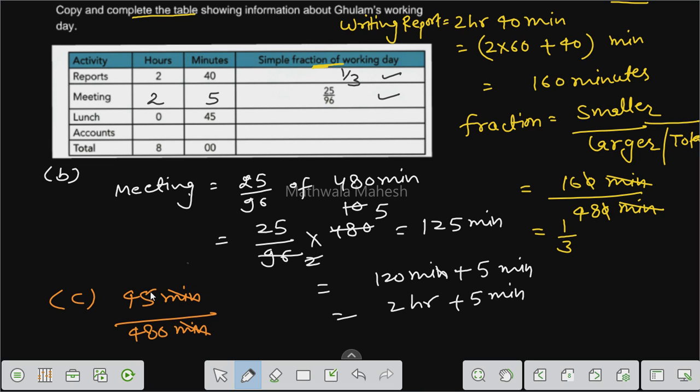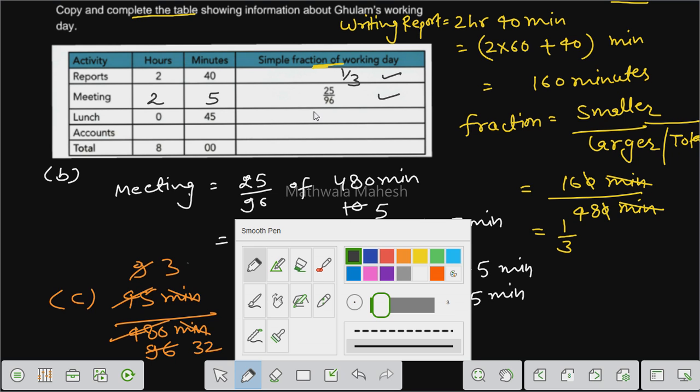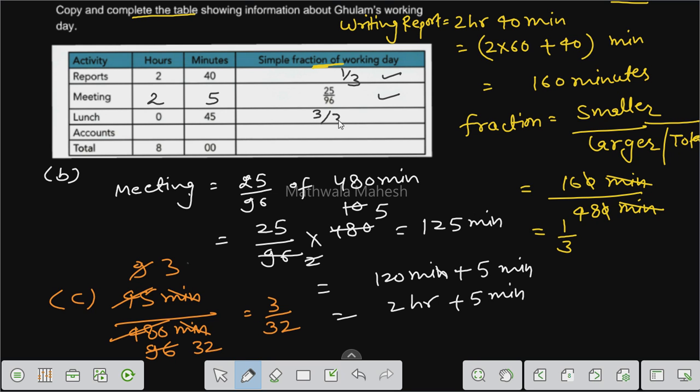If we divide by 5, then we will get 9, and the other will be 96. If we divide by 3, we will get 3 and 32. Okay, the simple fraction is 3 upon 32.